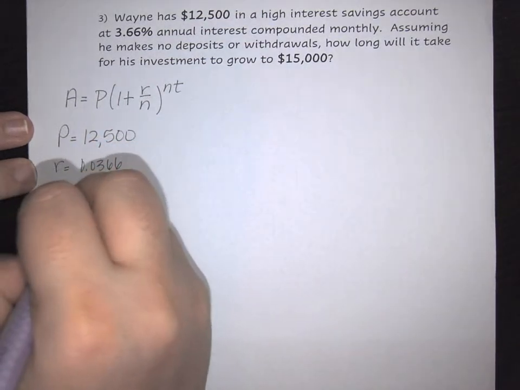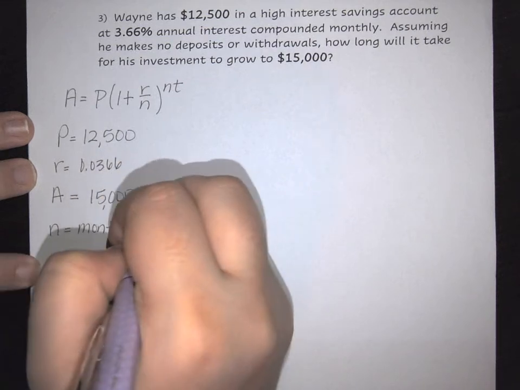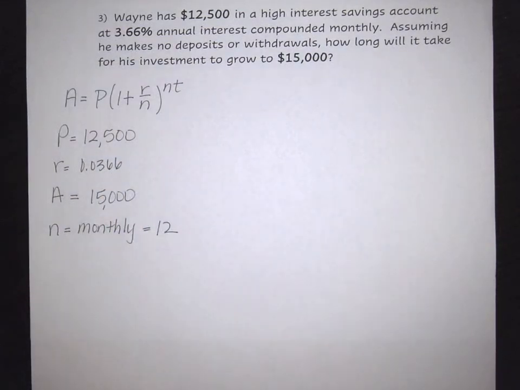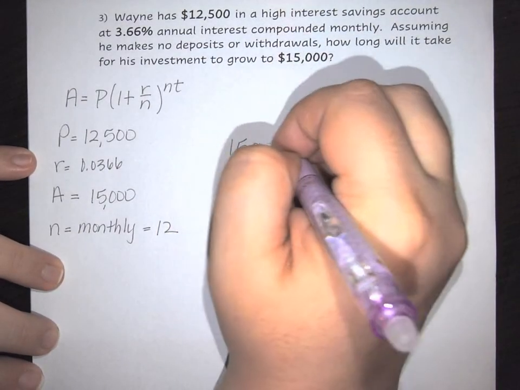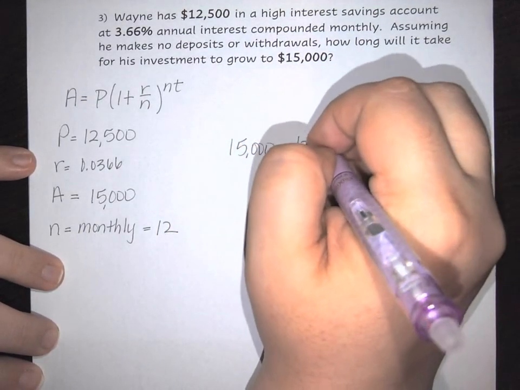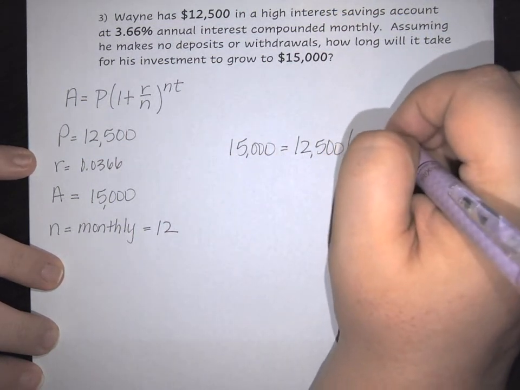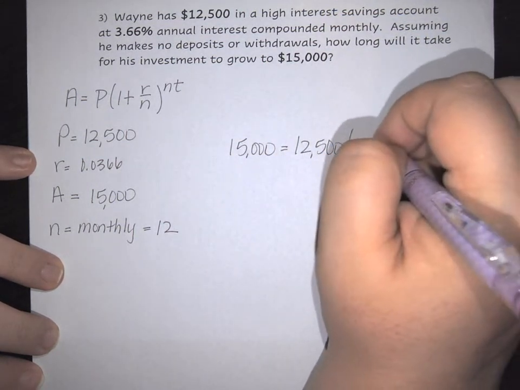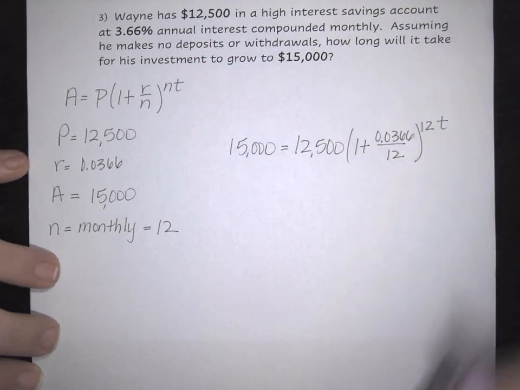We also know that you are compounding monthly, which equals 12, so it's 12 times a year you'll compound. We need to plug everything in that we have. So here this is going to be 15,000 is equal to 12,500 times 1 plus 0.0366 over 12, raised to the 12t.